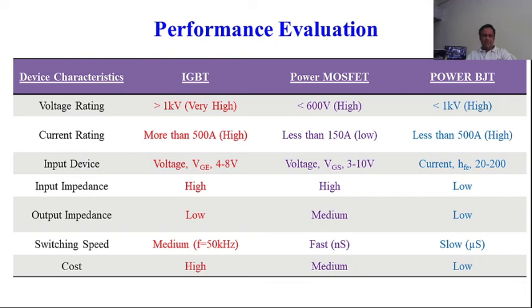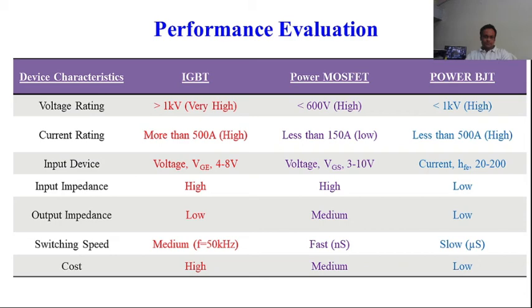Switching speed for the IGBT is medium, between the BJT and MOSFET. Maximum up to 50 kilohertz we can use the IGBT. The fastest switch among these three is the power MOSFET. It can operate up to 2 megahertz also.